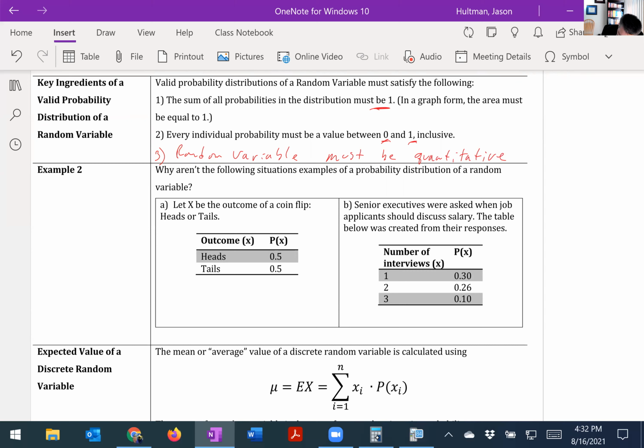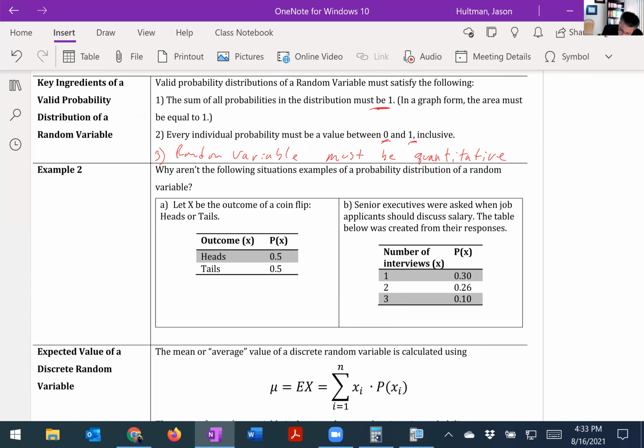Okay, it cannot be categorical or qualitative. Okay, it must be quantitative.